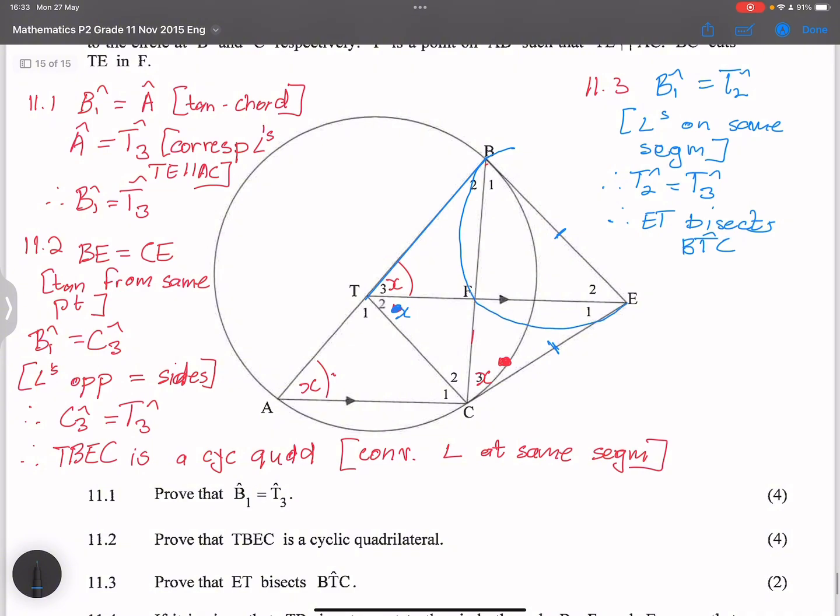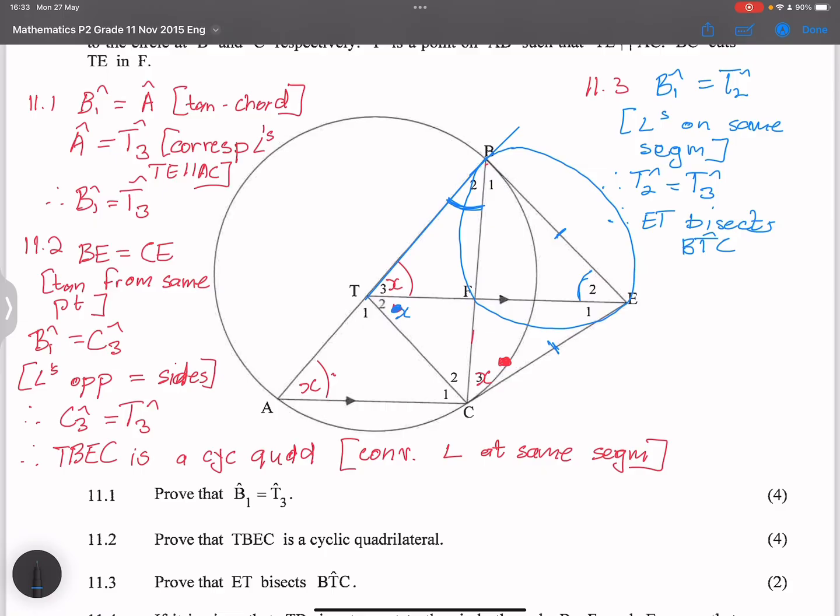Now, if that line is a tangent to that circle, what it simply means is that we can apply the tan chord theorem. So that means that B2 should be equal to E2, right?